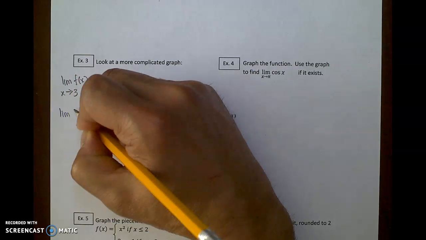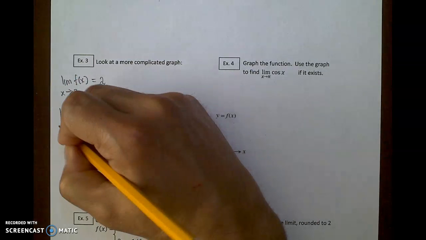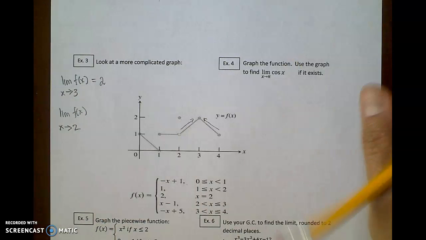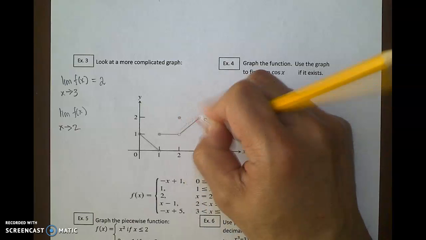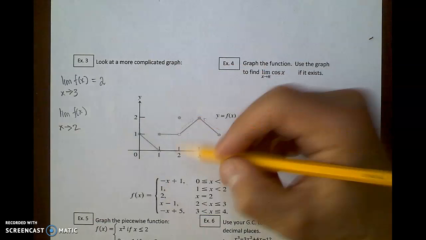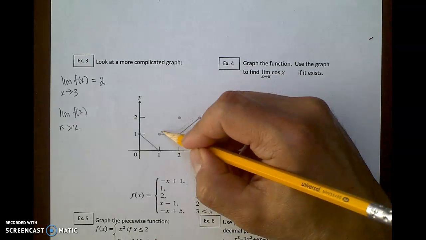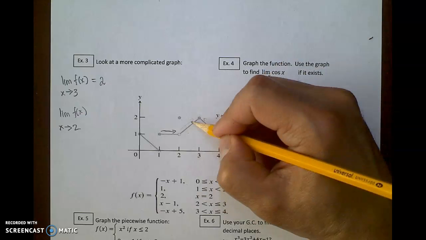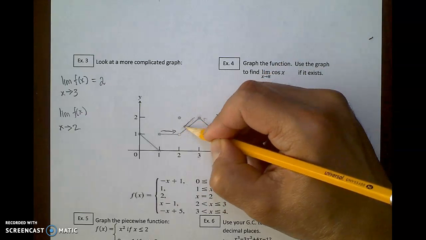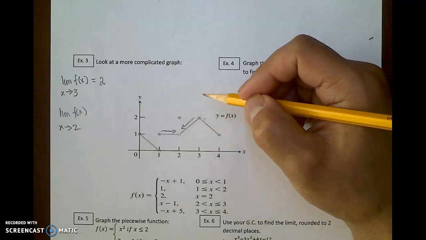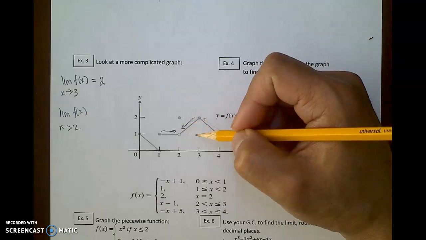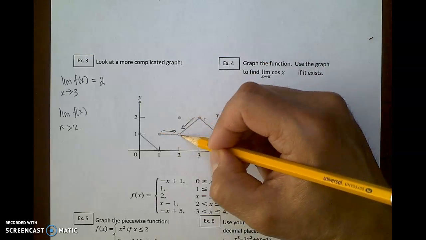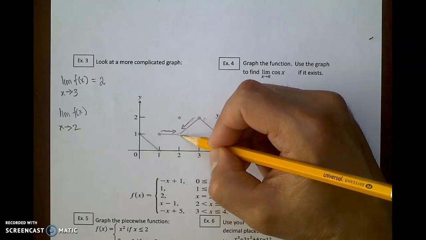Or we could find the limit of this function as x approaches 2. Okay, so now we're looking at our x value of 2. So coming in from the left, we're approaching this point. Coming in from the right, we're approaching this point. Now you notice that coming in from the left or from the right at that x value of 2, this function is undefined.